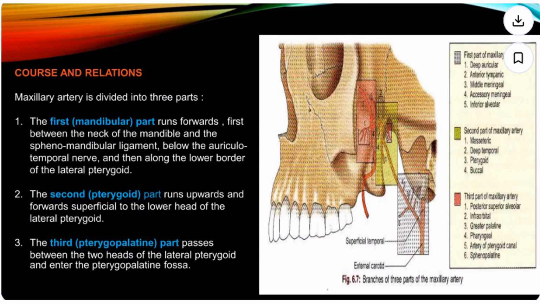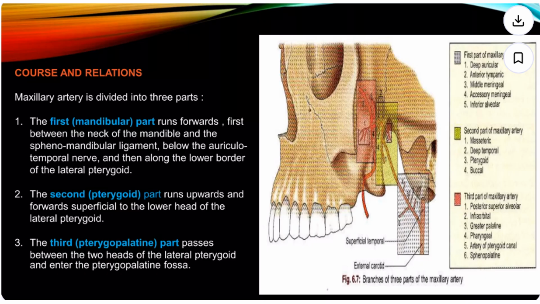The second part, that is the pterygoid part, runs upward, forward, and superficial to the lower head of the lateral pterygoid. The third part, that is the pterygopalatine part, passes between the two heads of the lateral pterygoid and enters the pterygopalatine fossa. So the first, second, and third parts of the maxillary artery are divided by the lateral pterygoid.